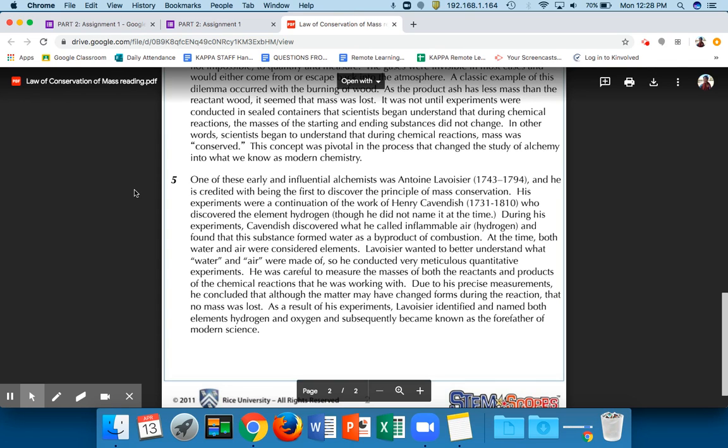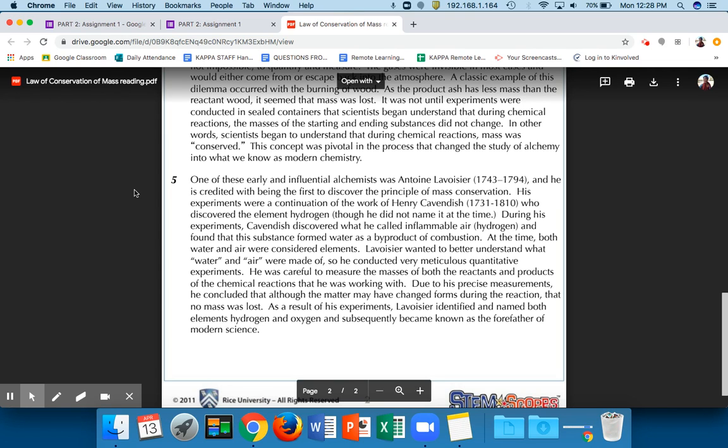His experiments were a continuation of the work of Henry Cavendish, 1731 to 1810, who discovered the element hydrogen, though he did not name it at the time. During his experiments, Cavendish discovered what he called inflammable air, hydrogen, and found that this substance formed water as a byproduct of combustion. Combustion means to burn.